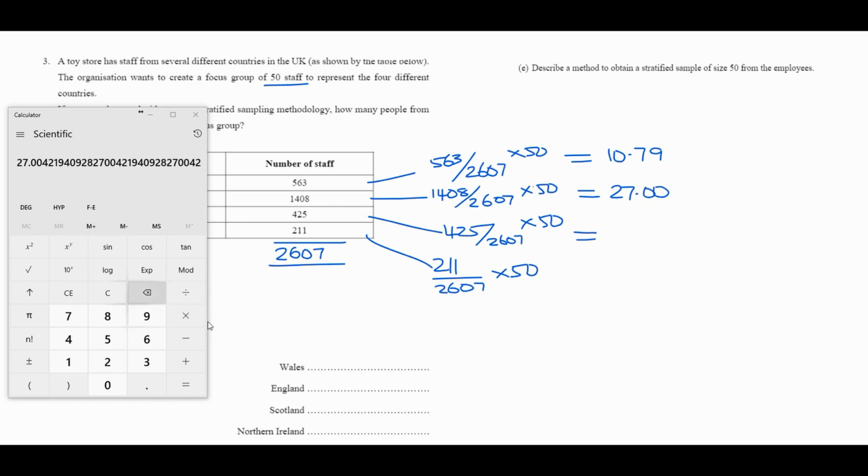And the next one, 425 divided by 2607, answer times 50, is 8.15. And the next one, 211 divided by 2607 times 50, is 4.05.